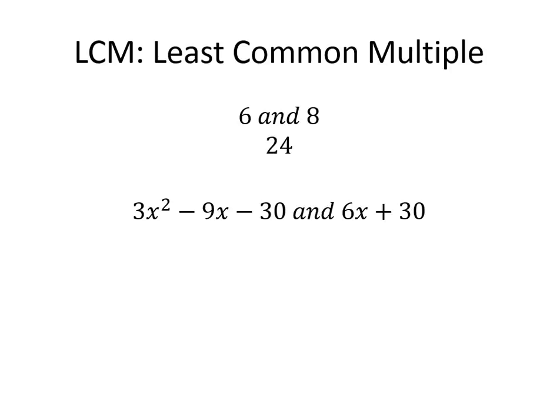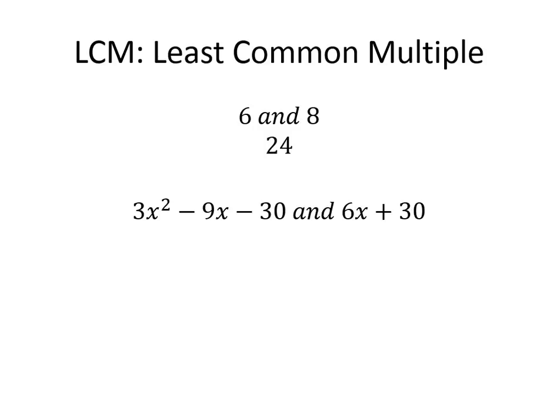Now we can also do a least common multiple with two polynomials. So we've got a polynomial here, 3x squared minus 9x minus 30, and we have another one, 6x plus 30. To find the least common multiple, we're going to factor both of these.